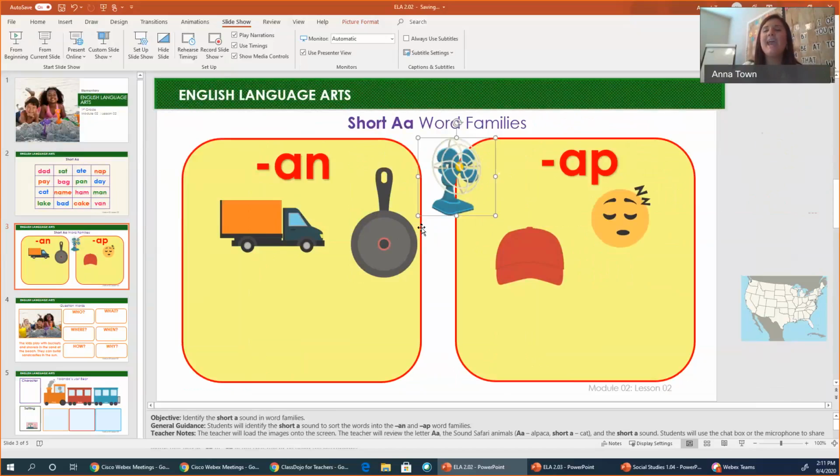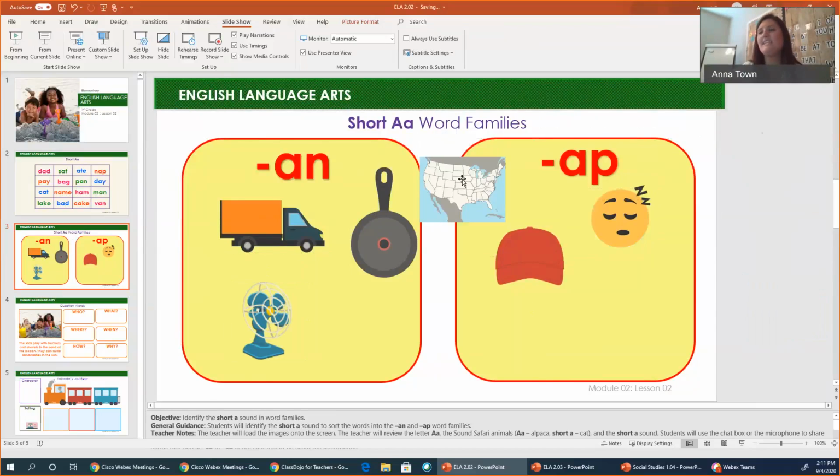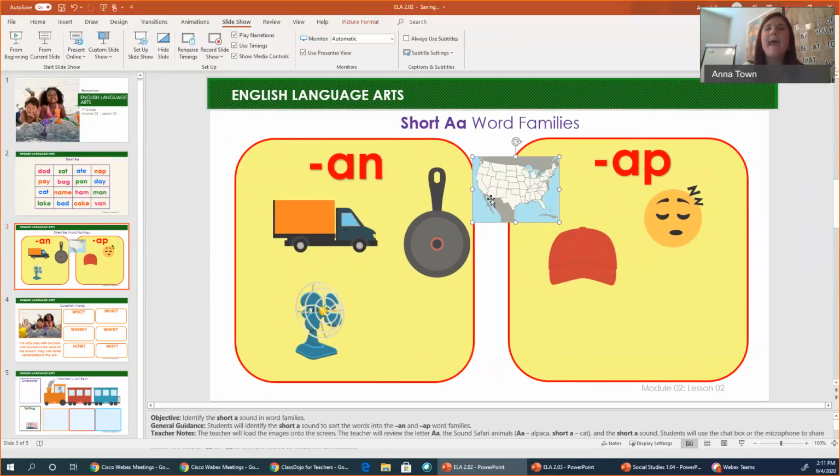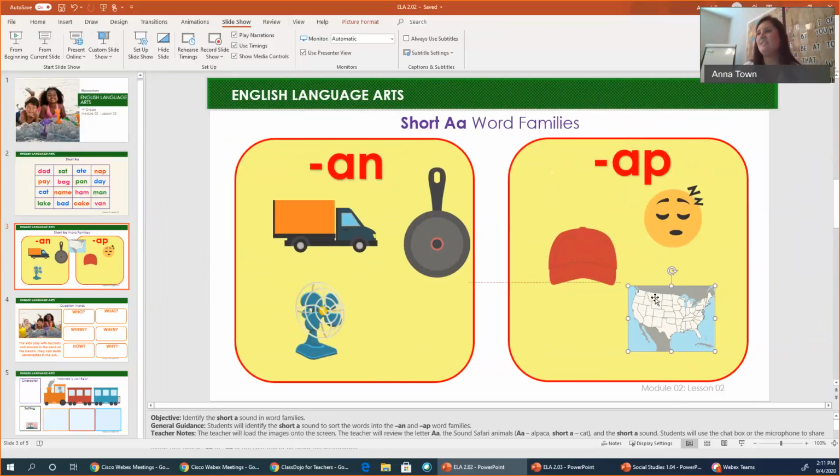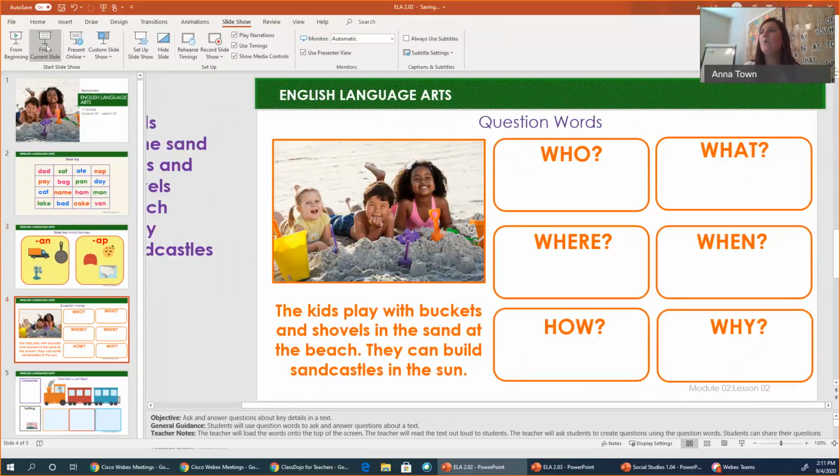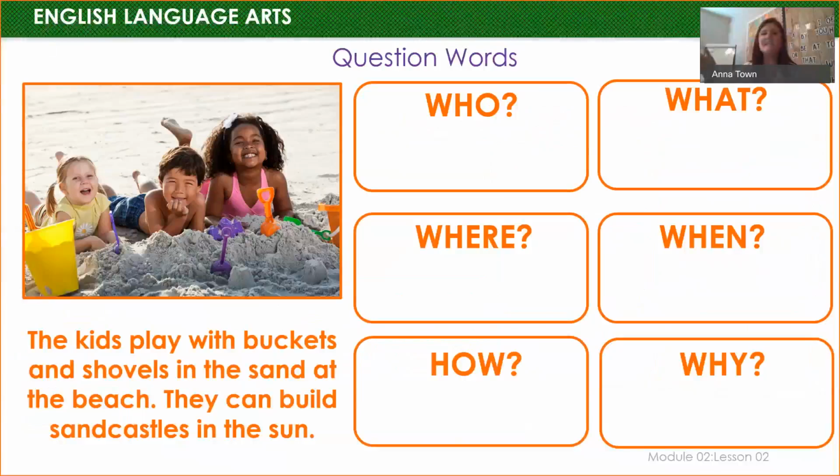A-N. And last but not least, map. AN or AP? AP. Good job.